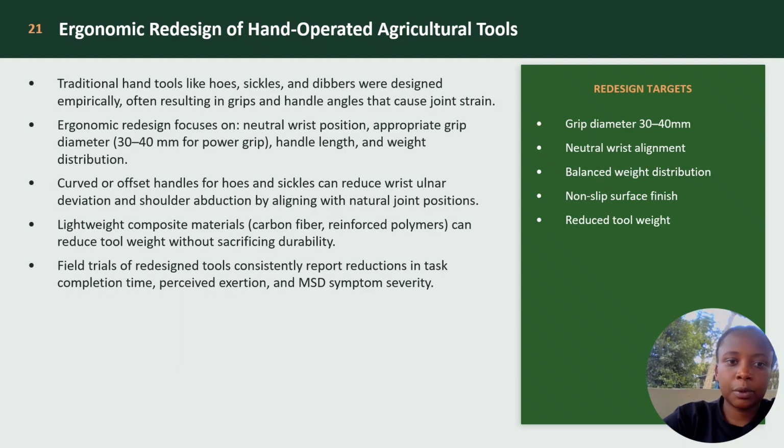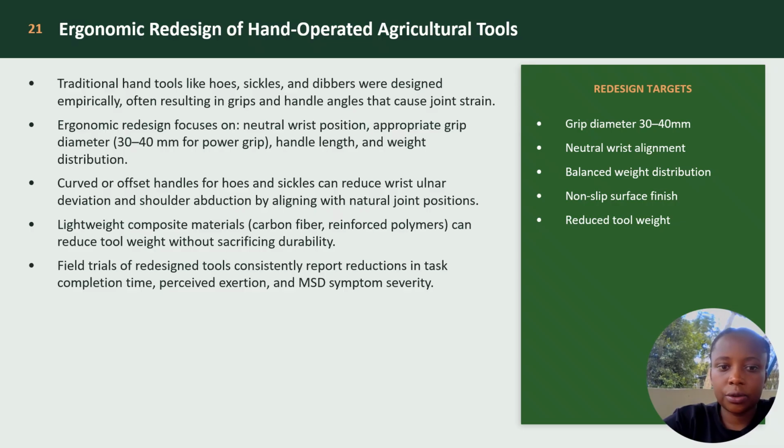Topic 21 is about ergonomic redesign of hand-operated agricultural tools. Traditional hand tools like the hoe, sickle, and dibber are designed empirically, often resulting in grip and handling angles that cause joint strain. Ergonomic redesign focuses on neutral wrist position, appropriate grip diameter between 30 and 40 mm for power grip, handle length, and weight distribution.